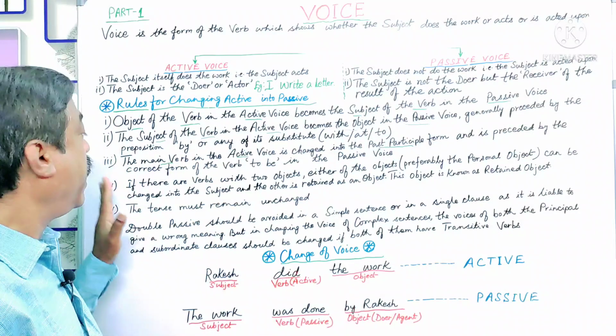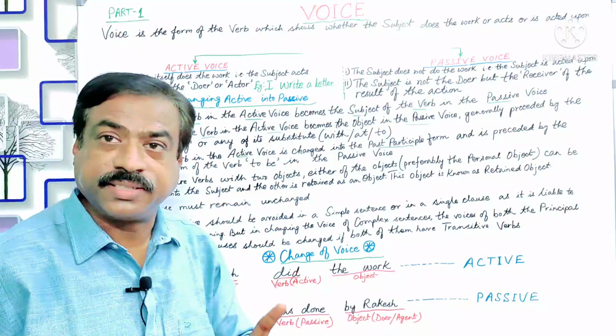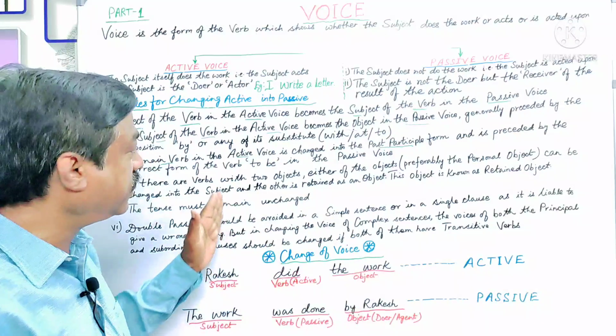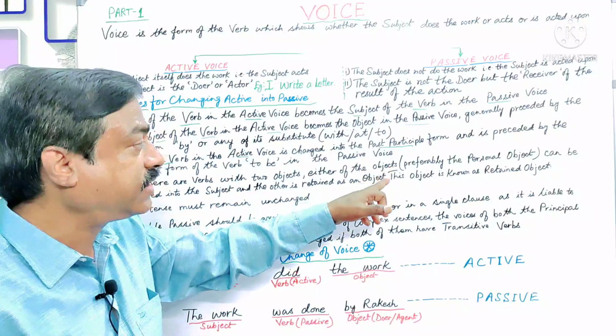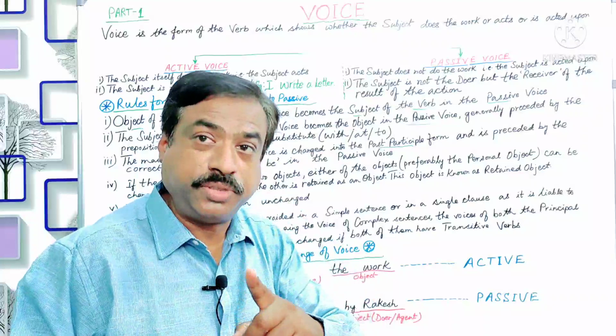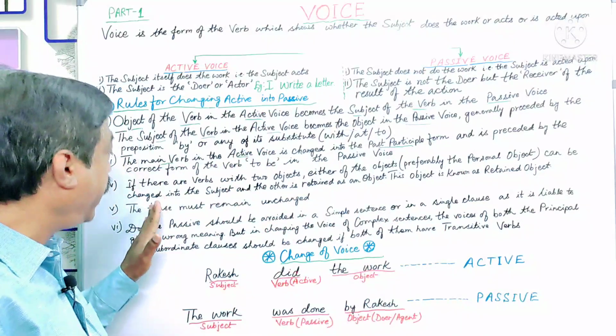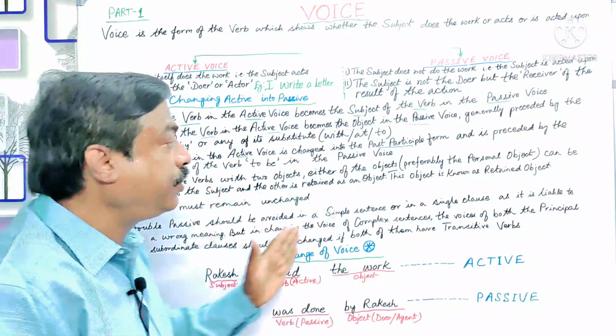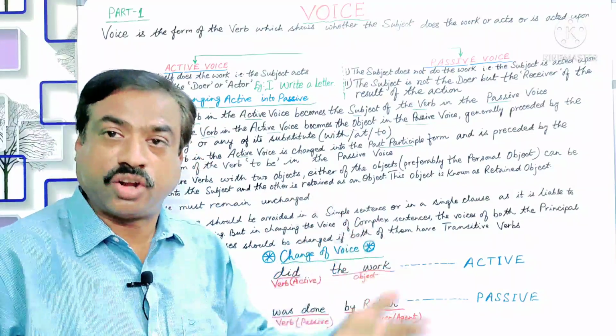Now I come to the fourth point. Sometimes there are verbs with two objects. Either of the objects, preferably the personal object, can be changed into the subject and the other is written as an object.